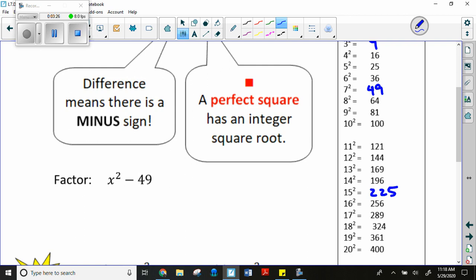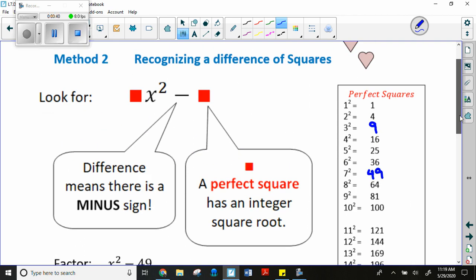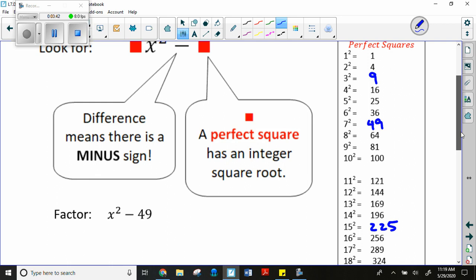Those numbers, I don't have them memorized, but up to 10 you should have, maybe even up to 12. I've got up to 12 memorized. Once I get to the 13, 14, 15s, I start to get a little bit hazy. But I think you should definitely have up to 12 memorized.